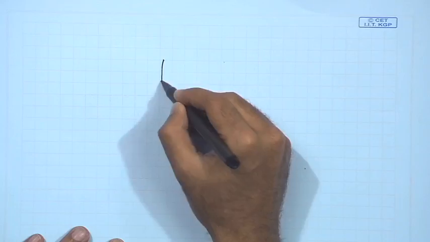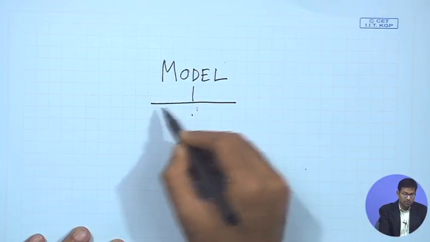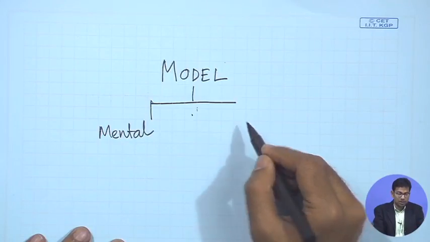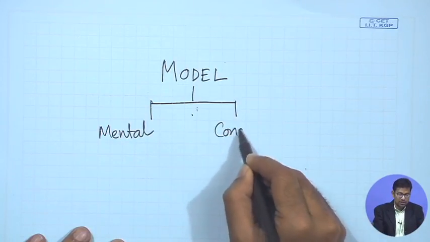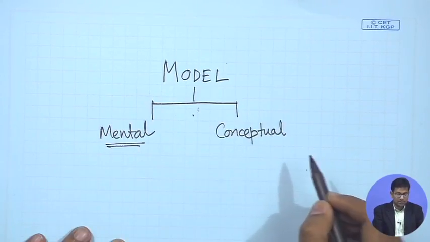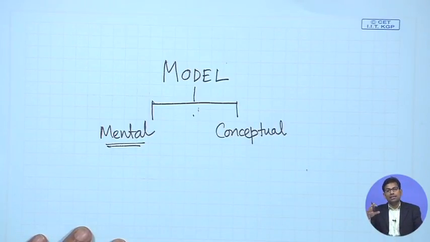Talking about the models, we will talk about two different models today. One is the mental model, and the other is called the conceptual model. As the words suggest, one is mental, happening in our mind, the model that we have in our mind through our experiences, and the other model is conceptual, based on the concept that you develop.